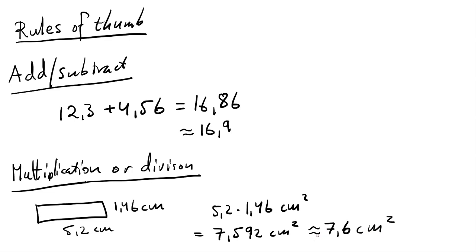However, rules of thumb, like it says in the name, are not completely reliable. So sometimes you want to be more careful than just using a rule of thumb. So let us finish off by looking at what you can do if you want to be more careful. Let us take the example with the rectangle again.